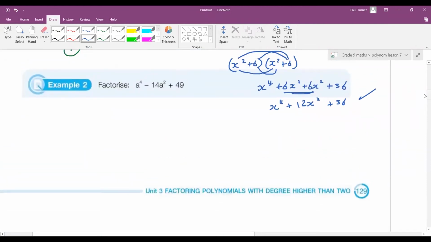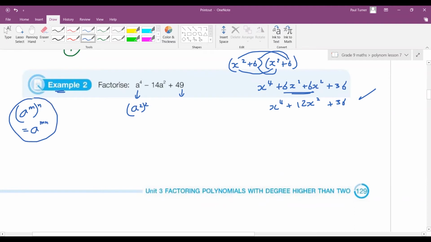how about example 2. So we've got a^4 minus 14a squared plus 49. So first thing to do, change your first and last term to powers of 2. So you've got a squared squared. Remember the rule, a^(mn) is the same as (a^m)^n, with m and n multiplied.